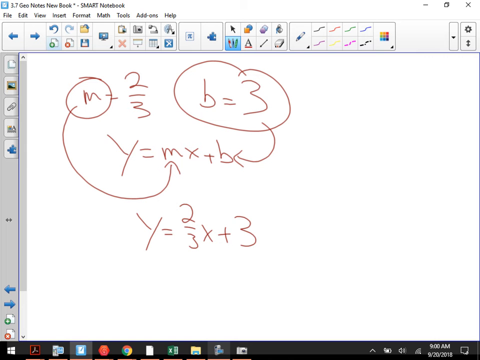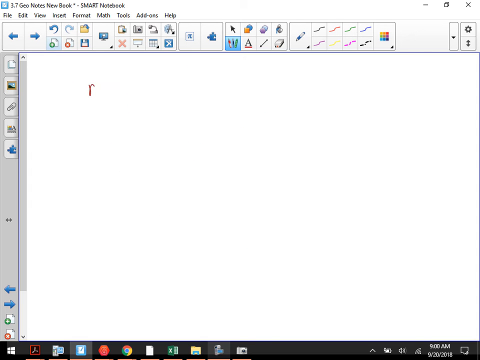The weirdness came in when you had a slope and a point. You had to do a little bit more work. If you had a slope and a point, and you had to write the equation of the line for that.